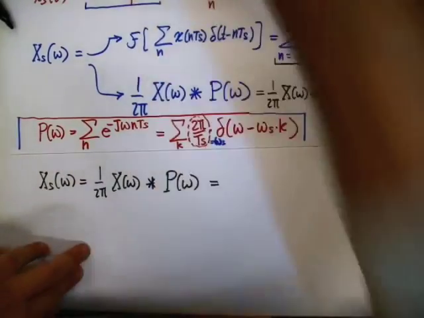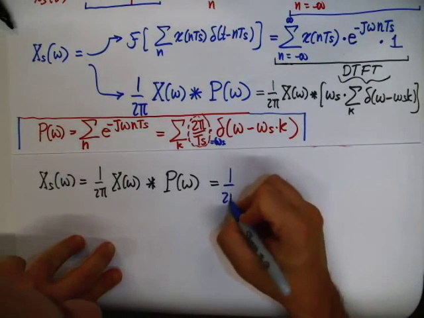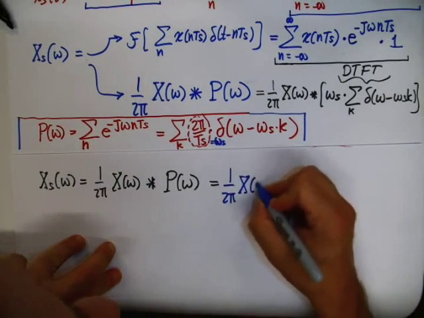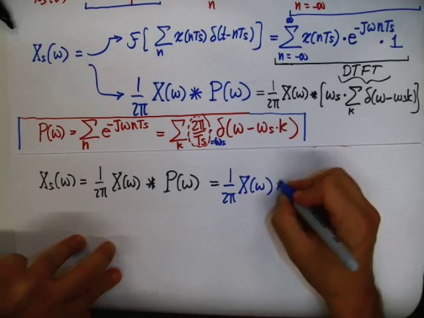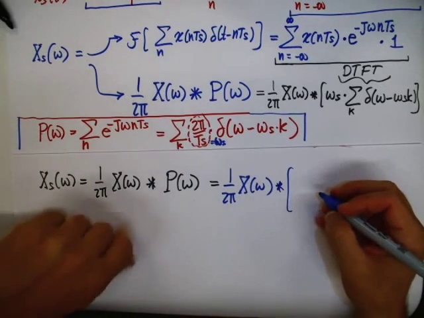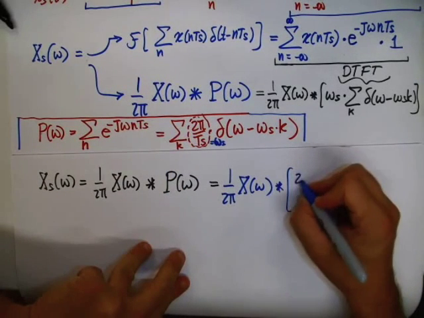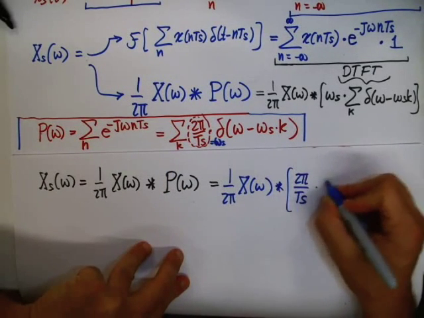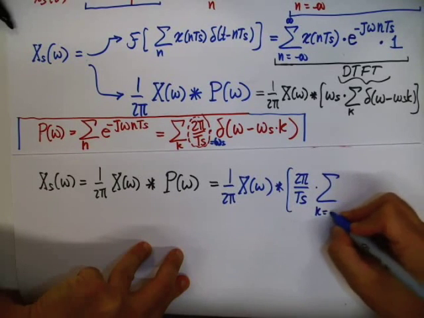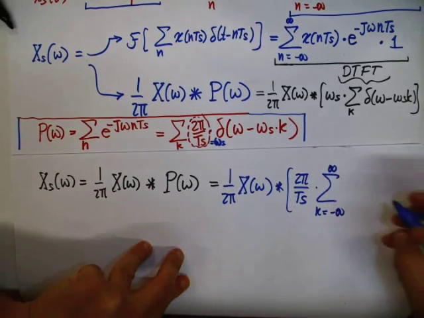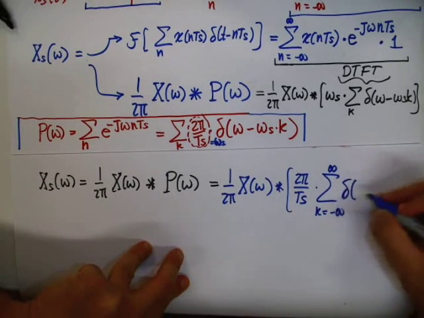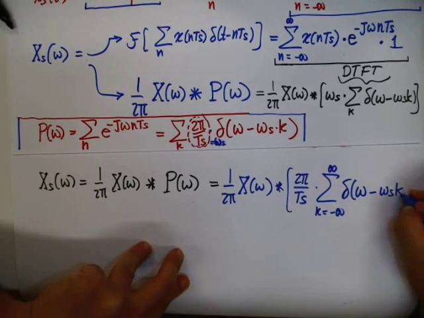This is equal to 1 over 2 pi X of omega convolved with, open parentheses, maybe I keep it as 2 pi over T_s, times the infinite sum from minus infinity to infinity of delta of omega minus omega_s k.